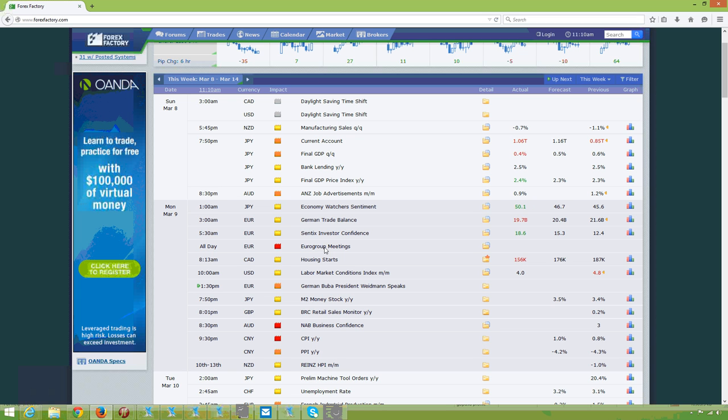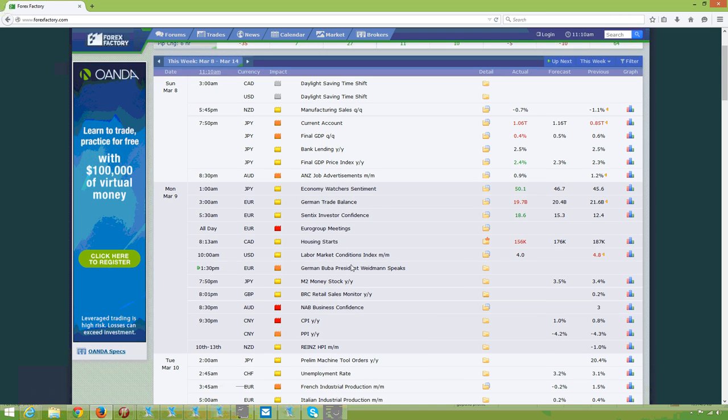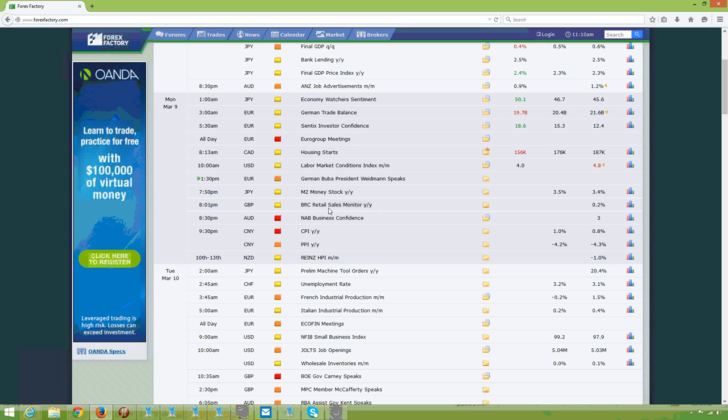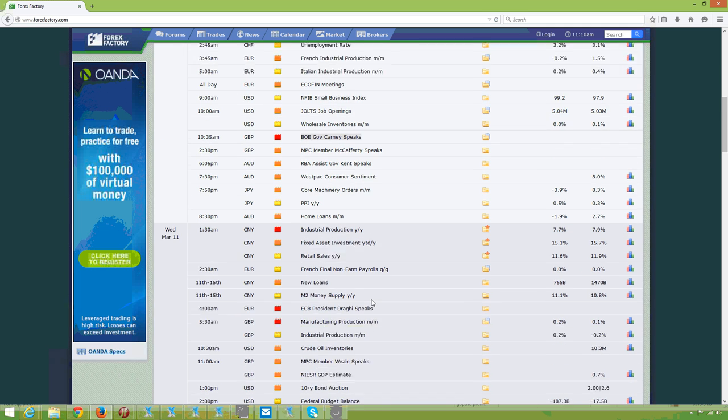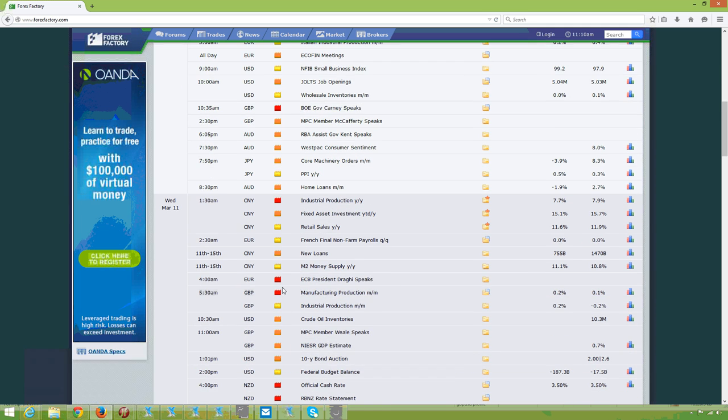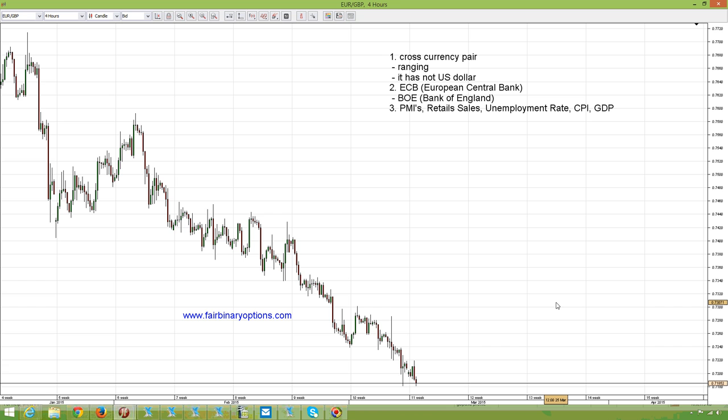But when a Eurogroup meeting is on schedule out of Europe, or when German trade balance is being announced, or when retail sales monitor in the UK, or when the governor of the Bank of England, Carney, is speaking, or when ECB President Draghi speaks, and so on. All these events have the purpose of influencing a currency pair, and of course, EURGBP is no different.